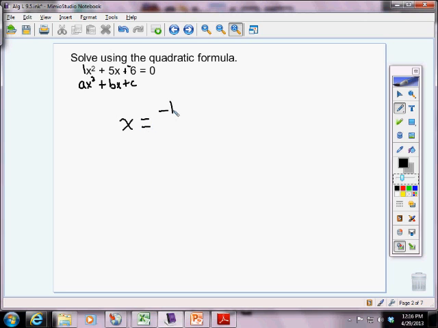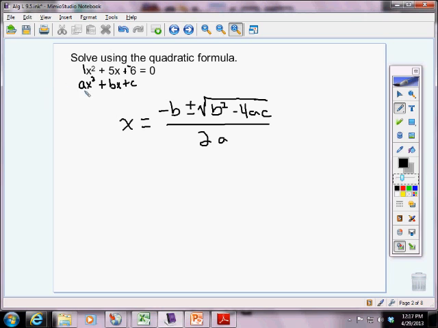So x equals the opposite of whatever b is, plus or minus the square root of b squared minus 4 times whatever our a term is times our c term, all divided by 2 times our a term.